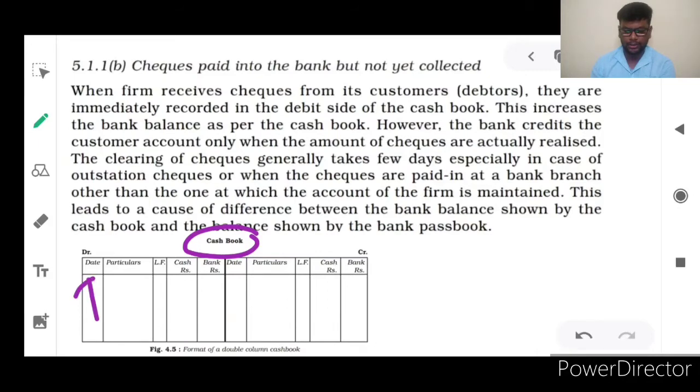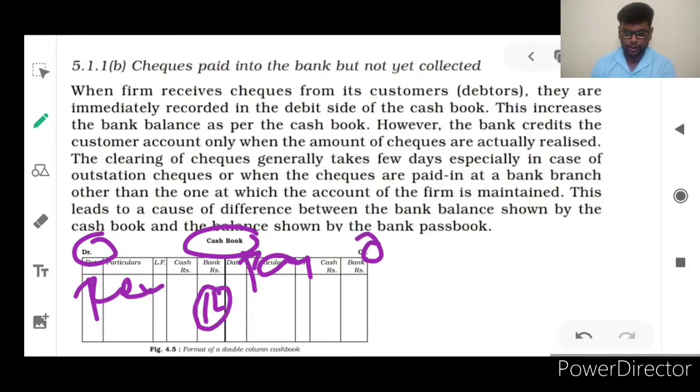The receipt side is the debit side, and the payment side is the credit side. You received a check, so immediately you will enter it on the debit side, bank column, amount rupees 1 lakh, because you received a 1 lakh check from your customer or debtor. Your debtor's name is Raja, for example. From Raja you received a check of rupees 1 lakh.